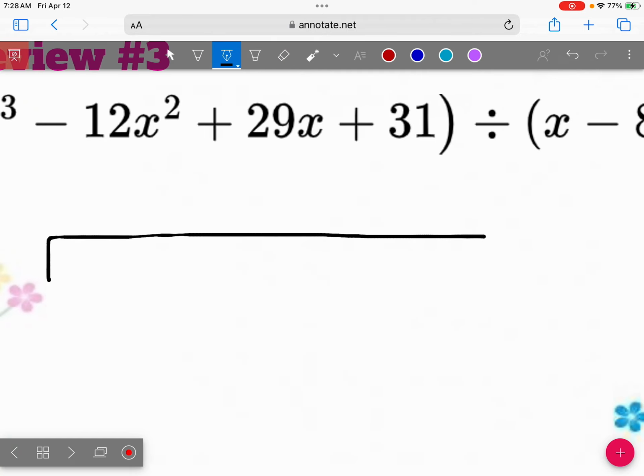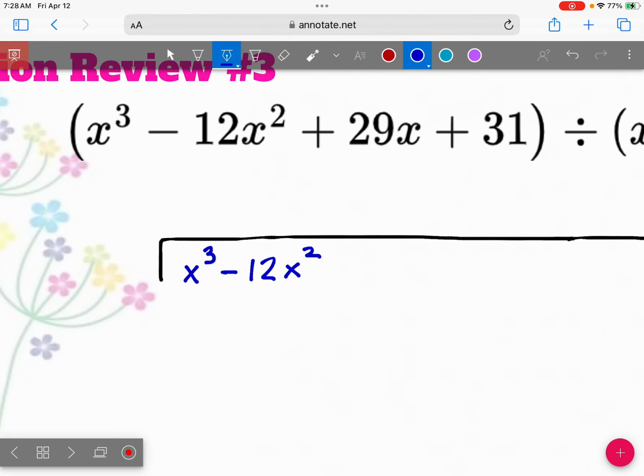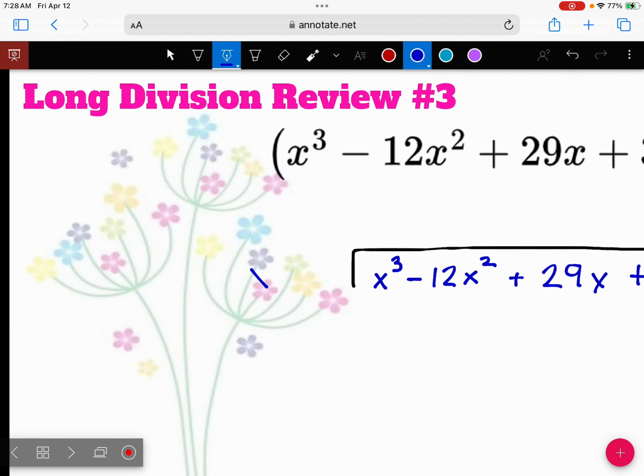Just like the one in the bell work, where we have our big division house, and what's inside is the x cubed minus 12x squared plus 29x plus 31. And we're dividing all of that by x minus 8. So this is how we're going to set it up.